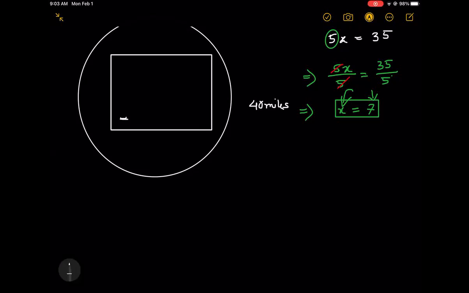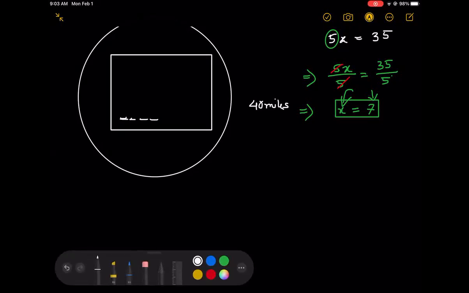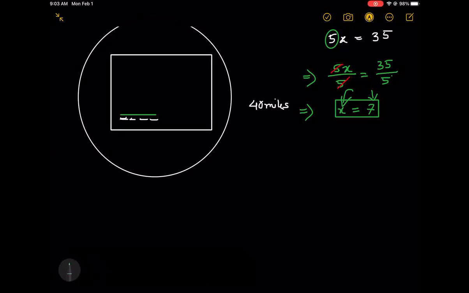So if I have 4 of these, I'm going to join them, though I'm just showing this individually so that you can see what's going on. So that's 4 of these, right? This green line will signify 40 miles. Can you see what's going on here?